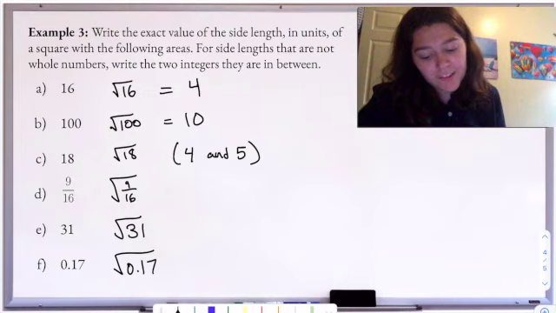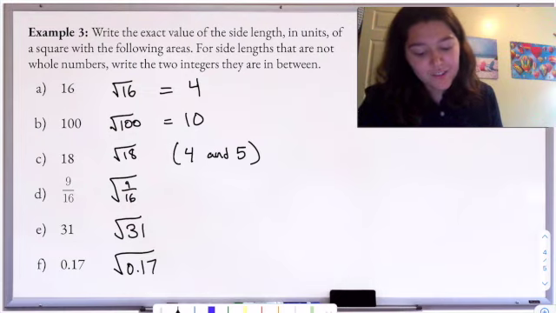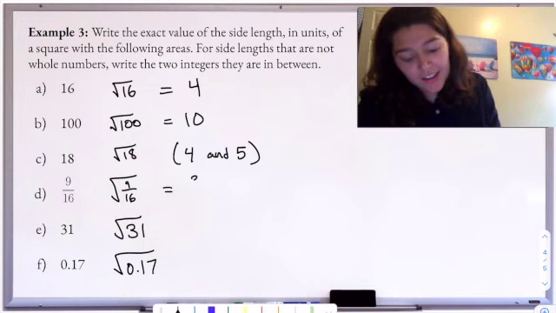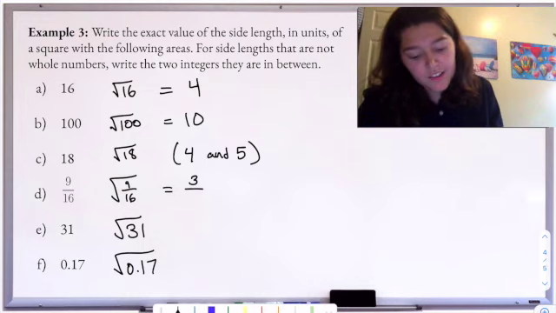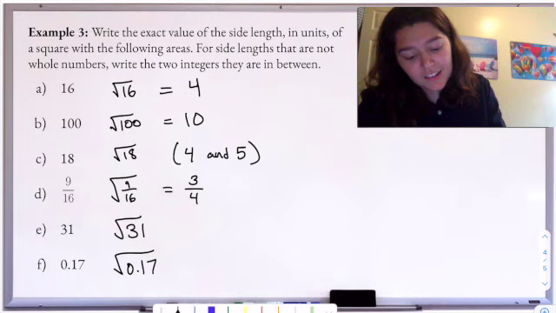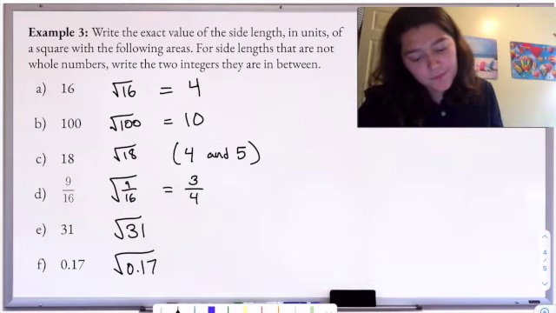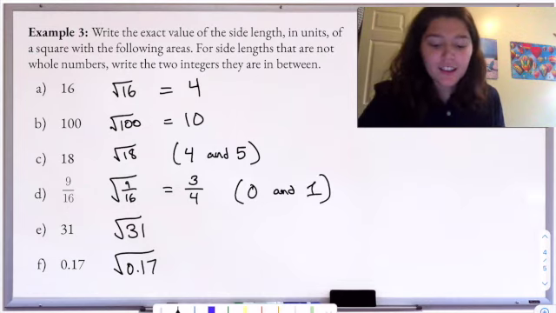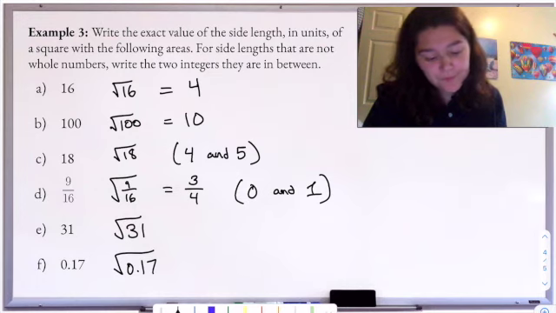The square root of 9/16, that is tricky, but that does actually have an exact value. The square root of 9 is 3. The square root of 16 is 4. So 3/4 times 3/4 is 9/16. Thus, that is our answer there. And of course, 3/4 is in between 0 and 1. But that is a rational exact number.